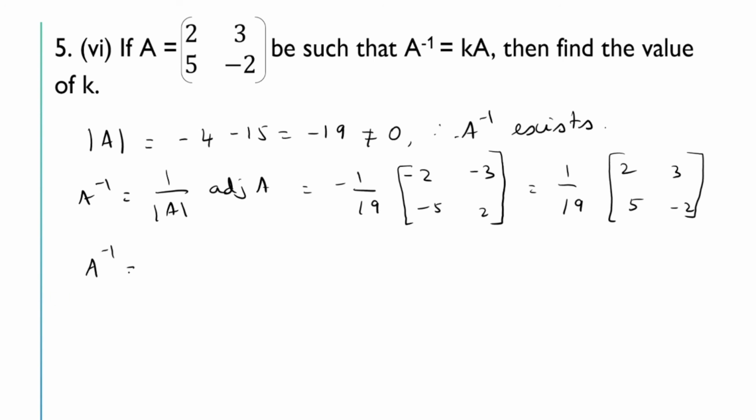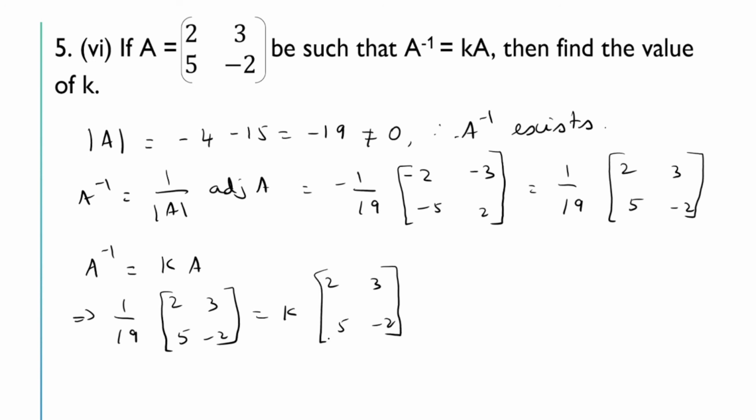A inverse is 1 by 19 into the matrix 2, 3, 5, minus 2, equal to K into A, which is the matrix 2, 3, 5, minus 2. When we see here, these two matrices are equal, so K is 1 by 19. Therefore, K is equal to 1 by 19.